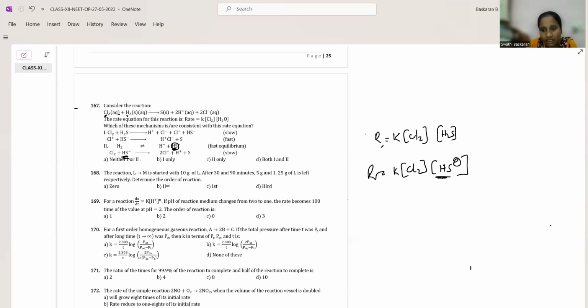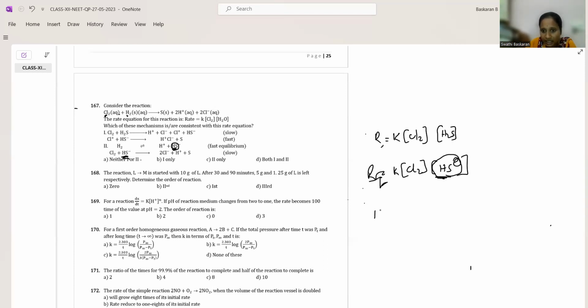If this cannot be there, what are we supposed to do? We need to determine K equilibrium to substitute this concentration term. To determine K equilibrium, we go to the fast equilibrium step.